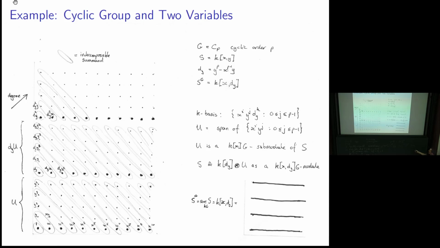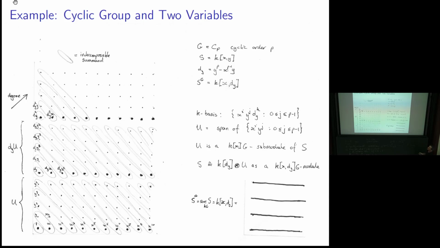Right, obviously x is going horizontally, y is going vertically, so the degree goes diagonally, right? And so up to here I'm just using x and y, but from here up I'm using one power of dy, and then increasing with y. Why?